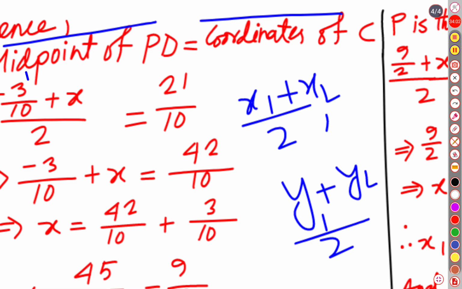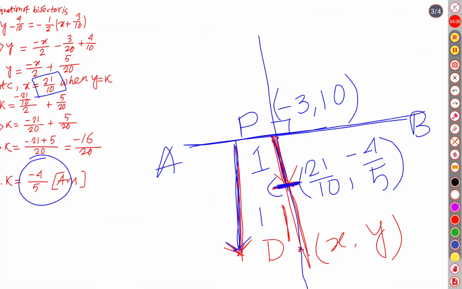The coordinate of P is negative 3 over 10, and the coordinate of D is x. So it will be negative 3 plus x over 2, and 10 plus y over 2.